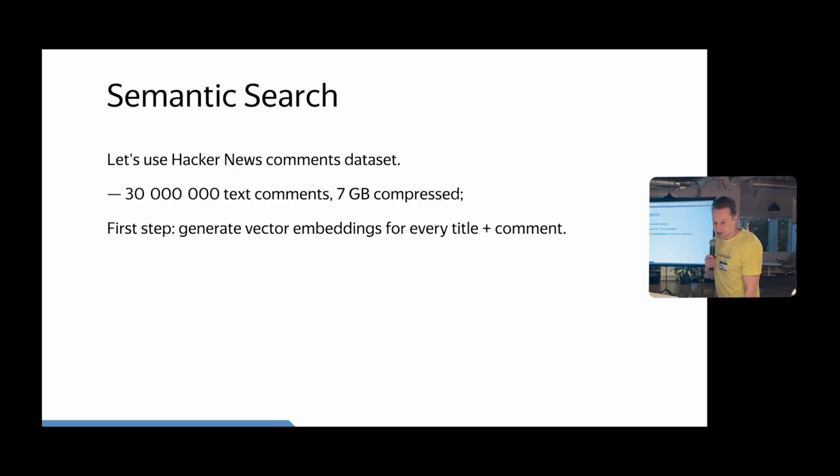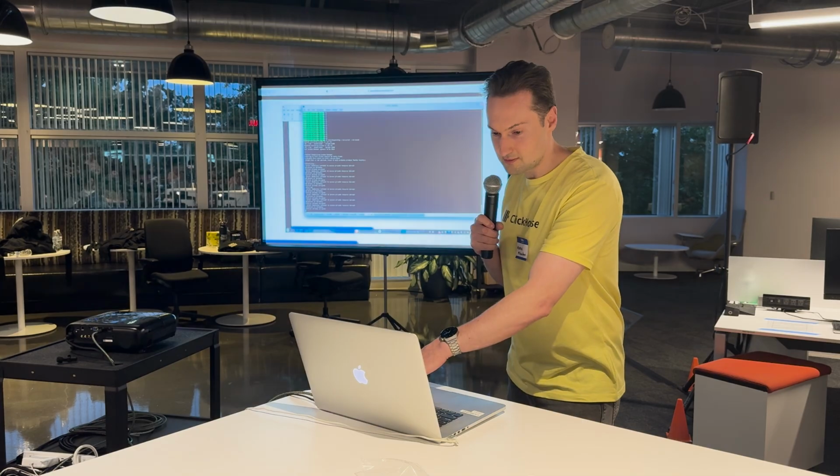How to implement this function and how to test it? To test it, I used a dataset from my favorite website, Hacker News. There are 30 million text comments that are just 7 gigabytes compressed inside ClickHouse. So the dataset is actually quite small. And the first step that we want to do is to calculate all these embeddings for every comment and the title.